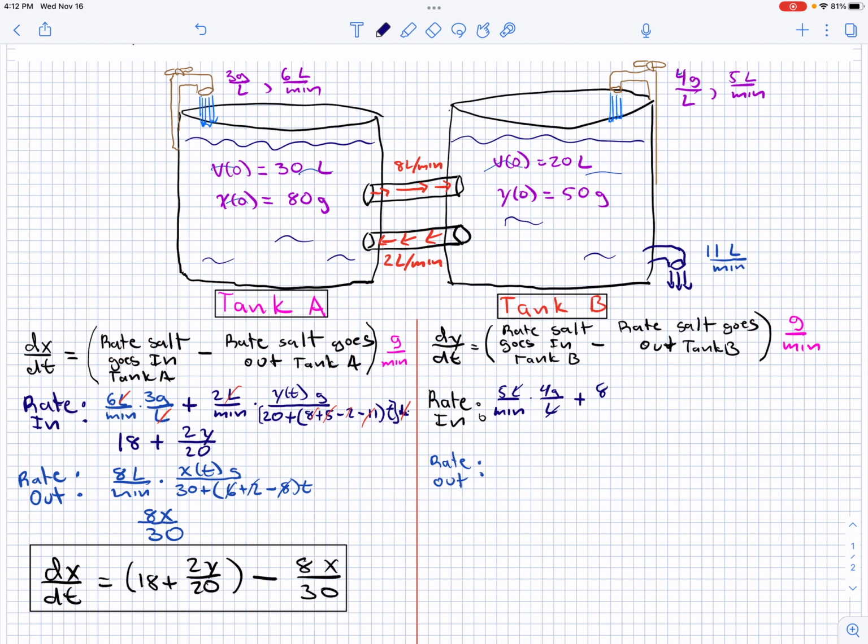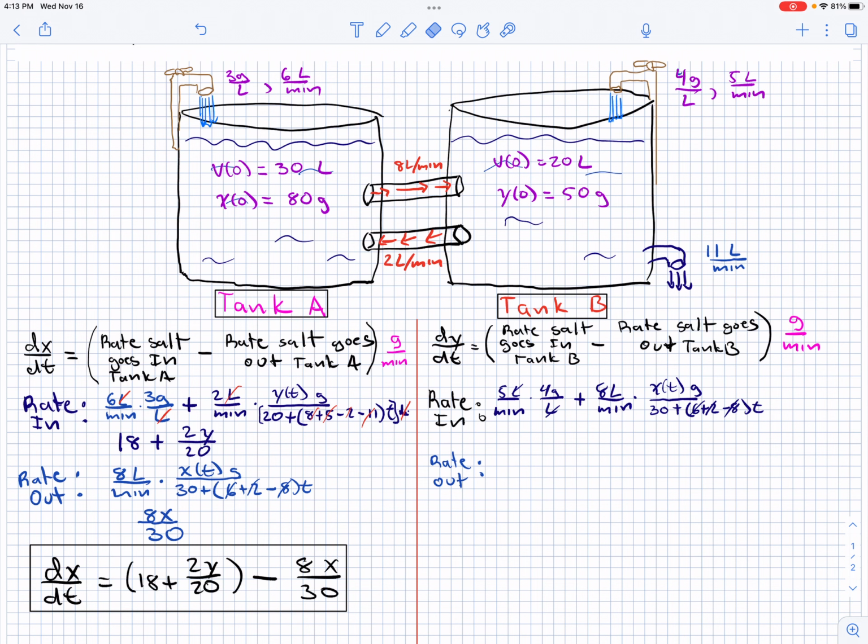Something is coming in, 8 liters per minute, and that's coming in from tank A, so we know that's the salt in tank A over the volume in tank A, which again is 30 plus 6 plus 2 minus 8, which we really didn't have to write because we know it canceled out on the previous step, but it doesn't hurt to write it, I guess.